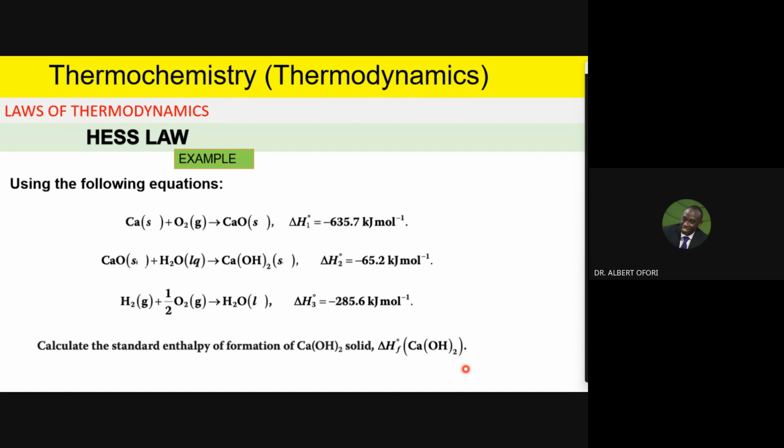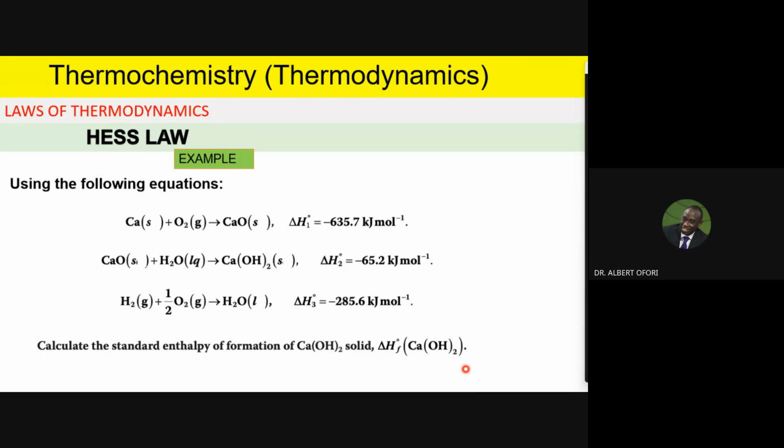Once I know the individual formations which lead to that, summing them up will give me the enthalpy of that formation. Well, how do I sum them? I have to sum the equations, and by summing the equations, I should be getting the formation of calcium hydroxide.